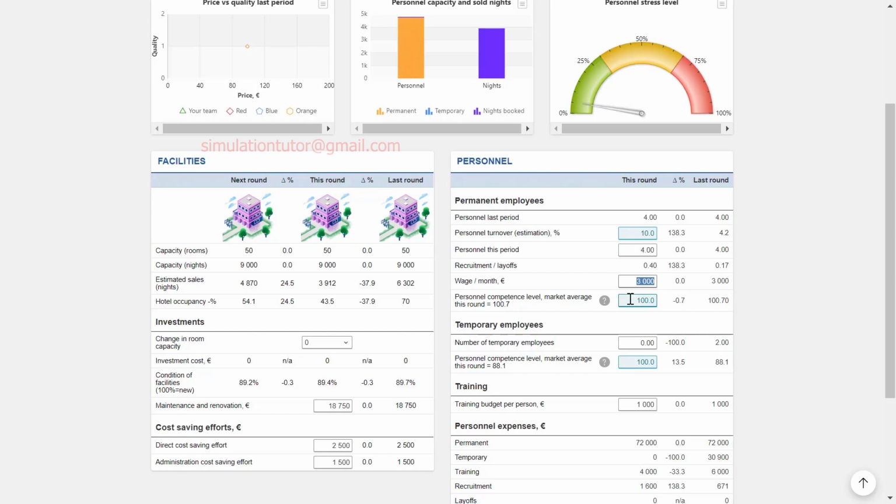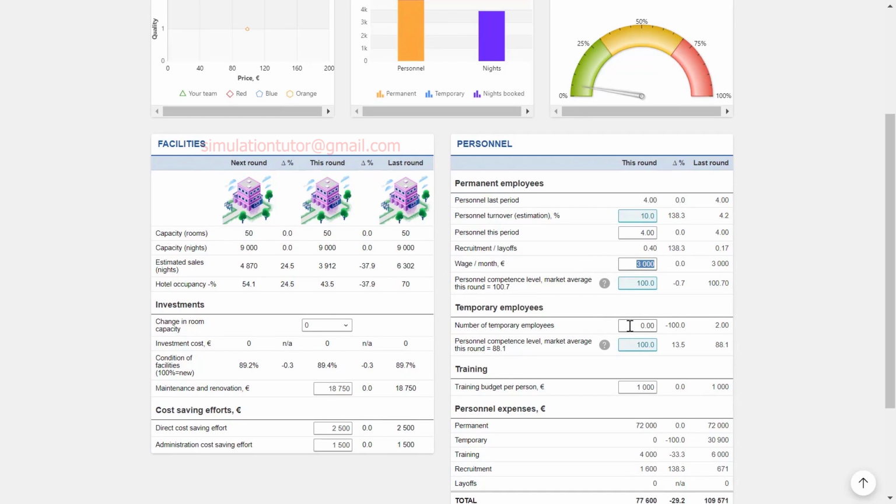We can influence the competence of our staff by investing in training, and here we can make an estimation if we expect that to increase. Besides the permanent employees, we have the temporary employees, and these we can freely change from one round to another as much as we want to.